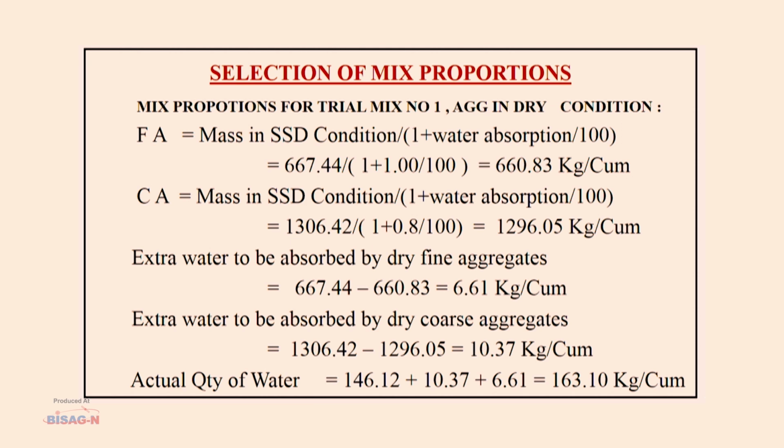Extra water to be added to dry fine aggregates is 667.44 minus 660.83, that is 6.61 kg per cubic meter. In a similar manner, we have to add 10.37 kg for coarse aggregate. So finally, the actual quantity of water required to be added is coming to 163.1 kg per cubic meter.